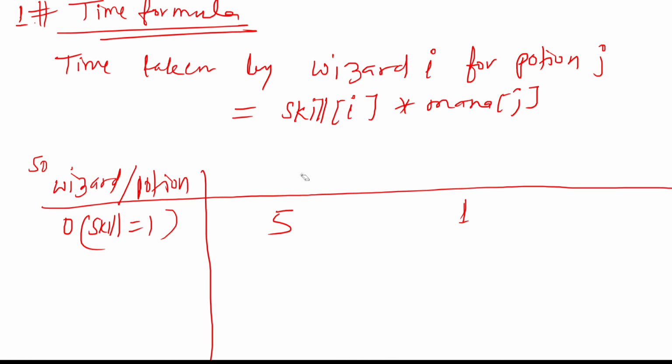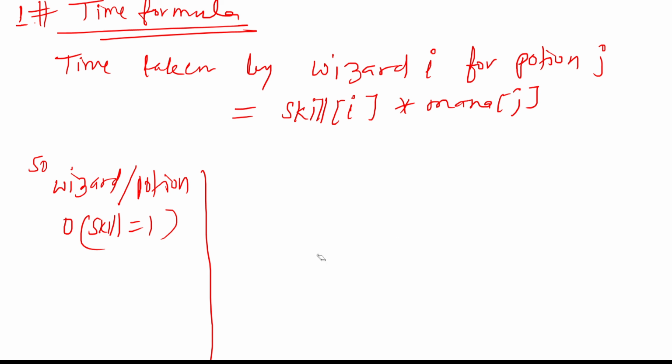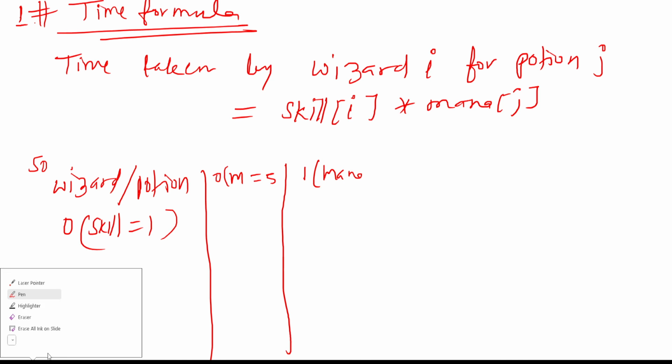Okay guys, let me rewrite again. So let's suppose we have 0 and the mana is nothing but 5. When we say there is a portion, again I'm writing the full thing, so mana here is, let's call, 1.